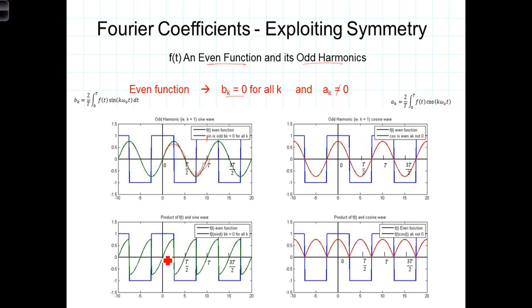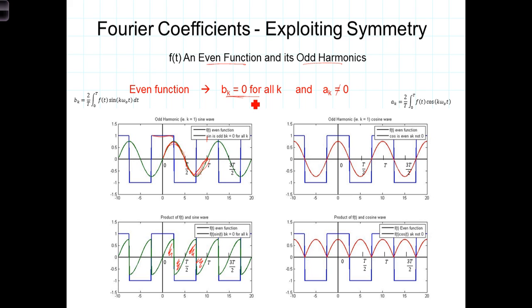When we integrate, the positive areas are equal in size to the negative areas, and they cancel. So the b sub k's that arise from multiplying this even function by the odd function sine and integrating that product all go to 0.